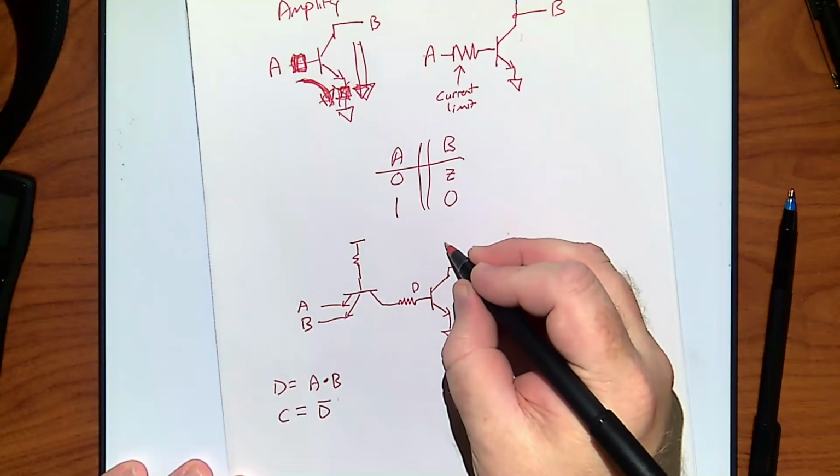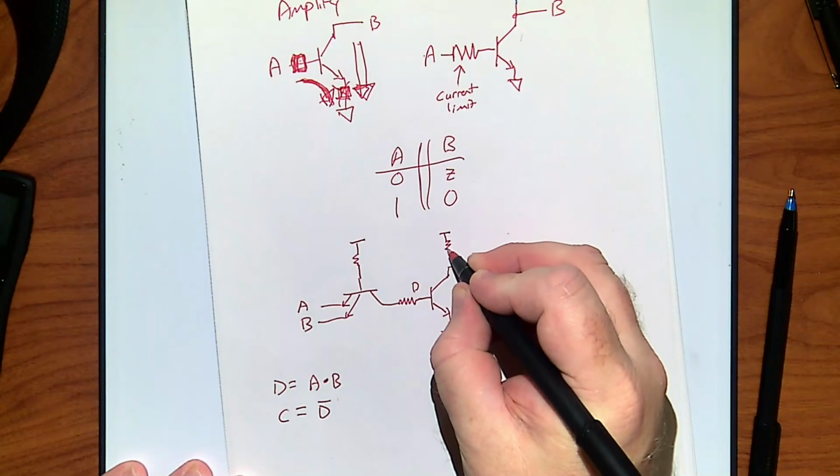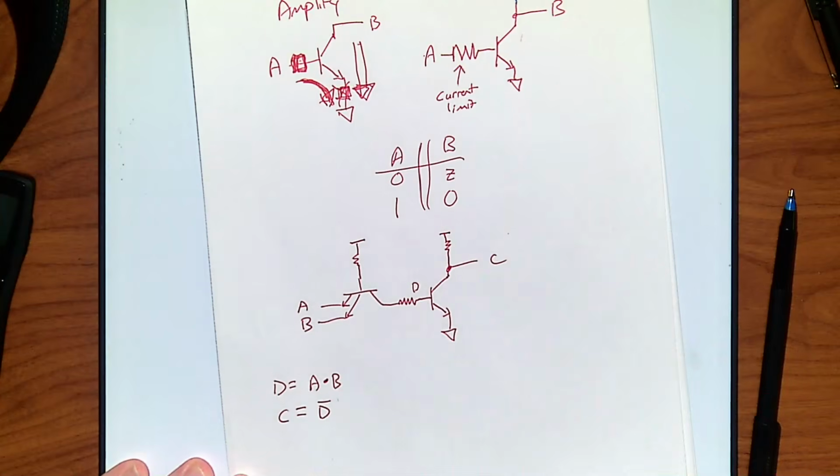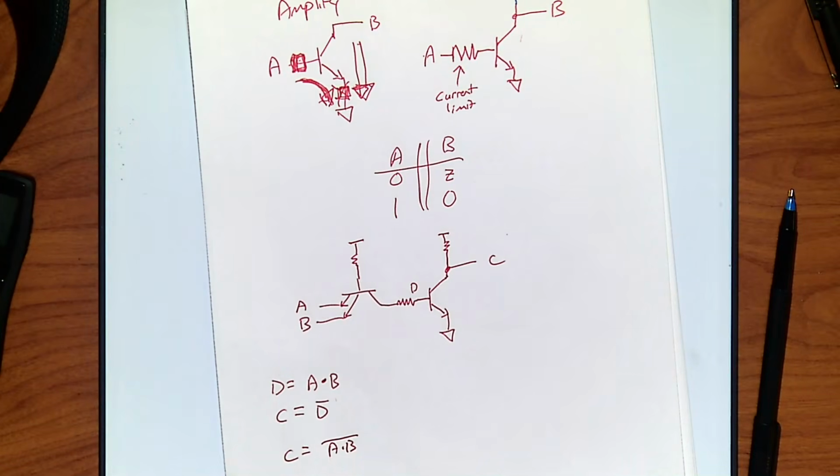I should put my pull-up resistor for this one also because I do it on the first one. Right? So that means that if I put this together, C is equal to A and B knotted, which is, yes, it's a universal gate.